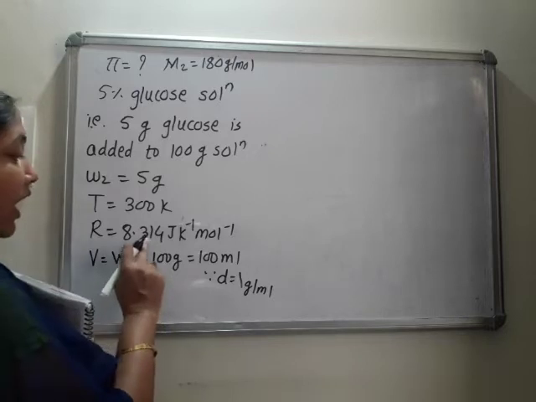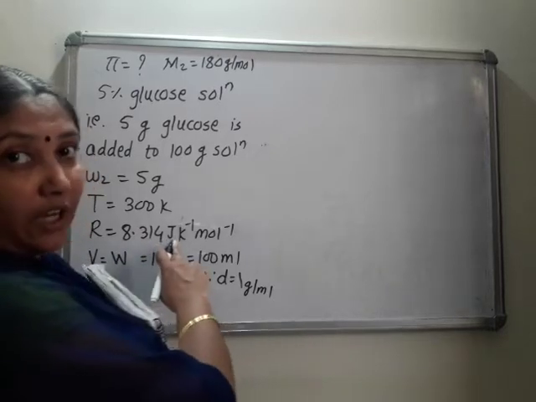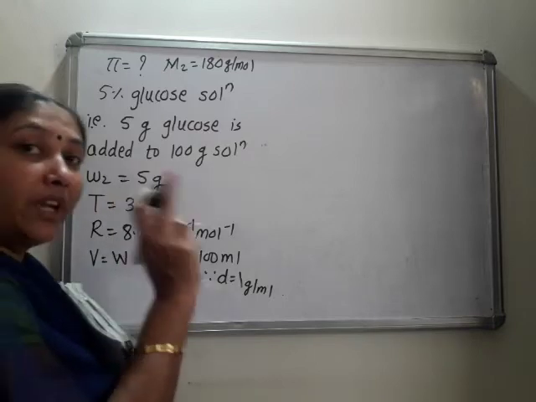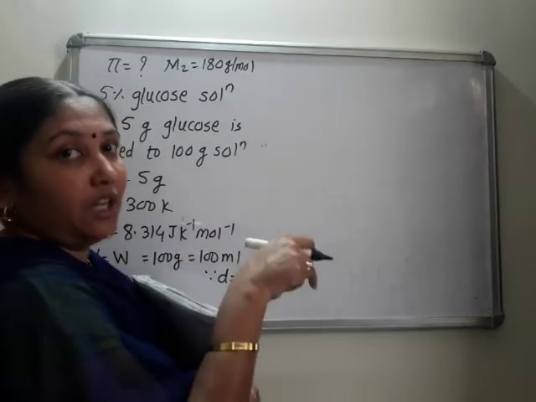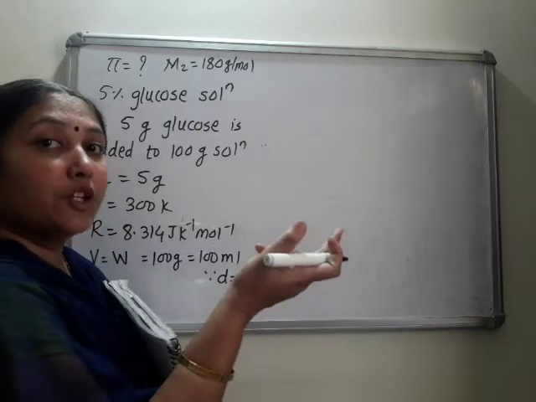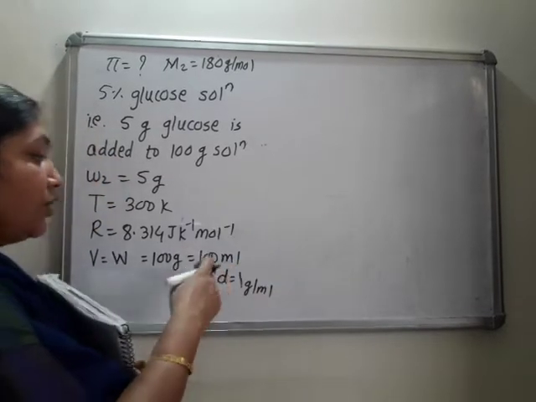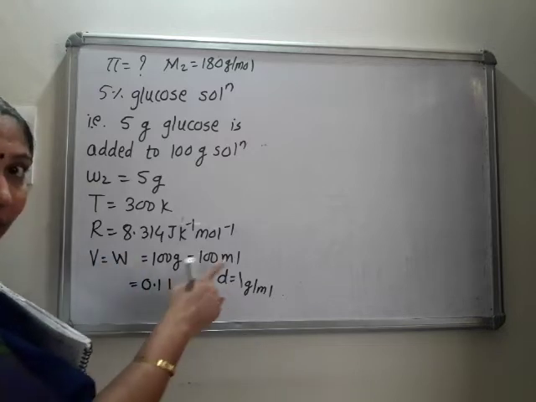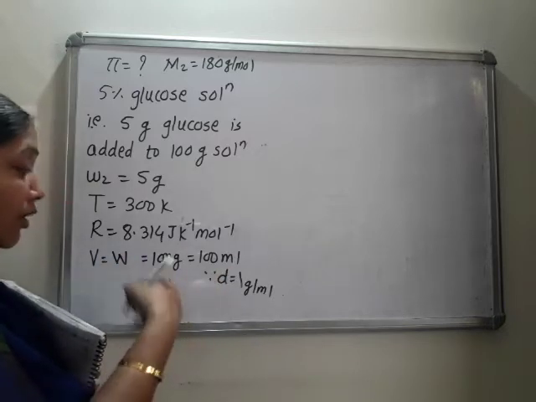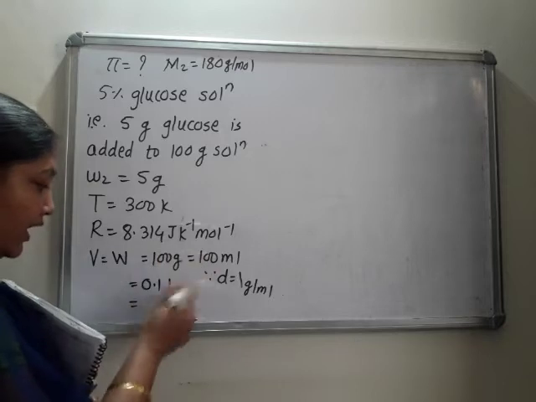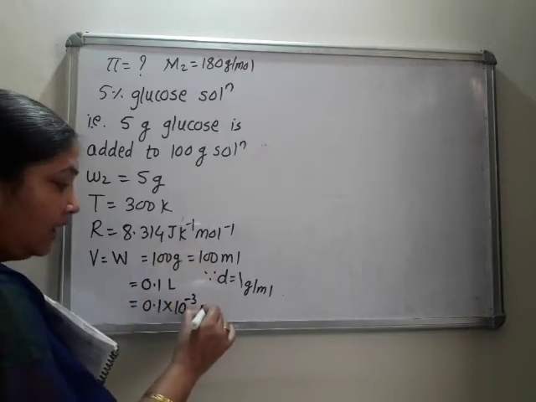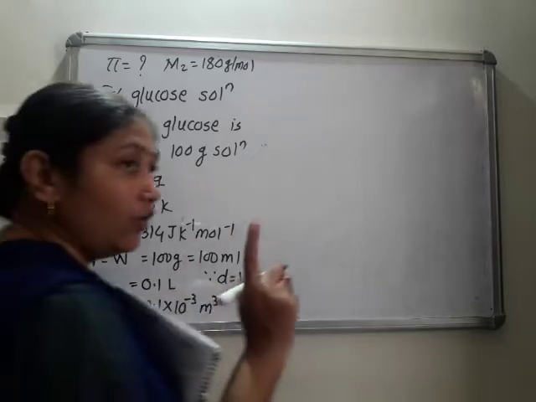What is the unit of R? 8.314 joule per Kelvin. When do we get unit as joule? When pressure is expressed in Newton per meter square and volume is expressed in meter cube. So we get this value as 0.1 liter. 100 ml means 0.1 liter. 0.1 liter means 0.1 dm cube. So 0.1 into 10 raised to minus 3 meter cube. This is the value of V.